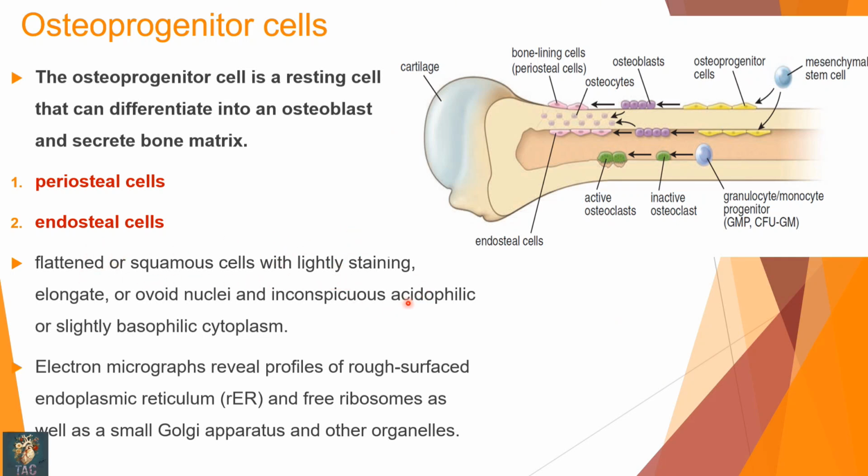They have an elongated or ovoid nucleus and inconspicuous acidophilic or slightly basophilic cytoplasm. Electron microscopy reveals profiles of RER and free ribosomes, as well as small Golgi apparatus and other organelles. So these are the features. On light microscope, you can see slight eosinophilia or slight basophilia, the flattened cells with the ovoid nucleus. And on electron microscopy, you can see the profiles of the RER, the Golgi apparatus, and the free ribosomes.